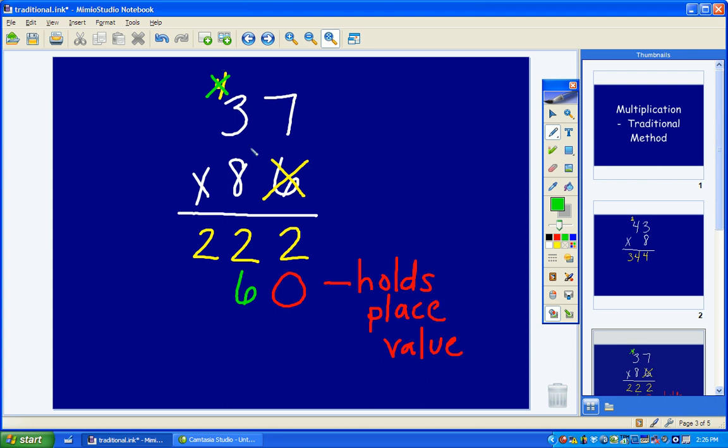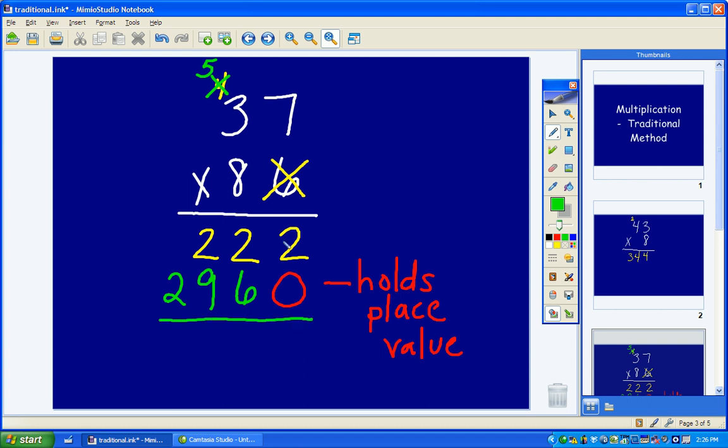So I said that 8 times 7 or 80 times 7 was 56 or 560, so I can't have 56 in my tens place, so I'm going to regroup and put the 5 up there. 8 times 3 is 24, plus that 5 I regrouped is 29.